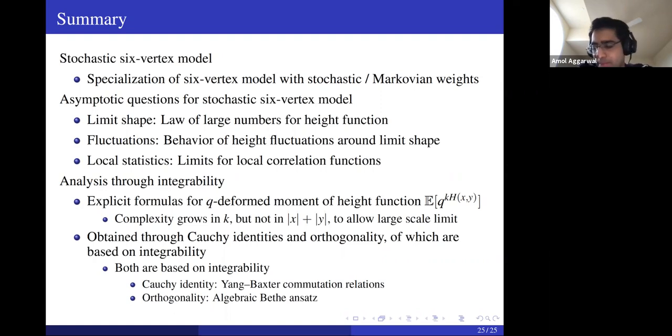And then I tried to give a hopefully cohesive story about how you can analyze it through the integrability. You prove explicit contour integral representations for these q-moments, and you can prove these formulas through quotient identities and orthogonality. Both the quotient identities and the orthogonality are where the integrability and the Yang-Baxter equation come in. Although I did not explain how or where, I just want to pinpoint that this is where you're using it.